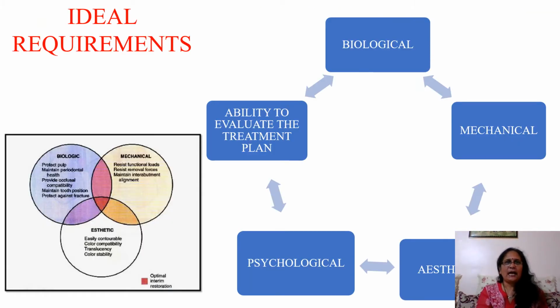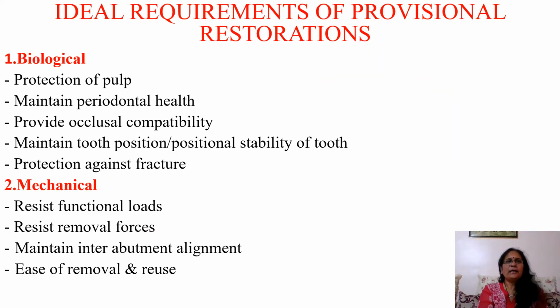Ideal requirements. Ideal requirements of the provisional restorations are biological, mechanical, aesthetics. What are the ideal biological requirements? Protection of pulp, maintenance of periodontal health, provision of occlusal compatibility, maintenance of tooth position, protection against fracture.